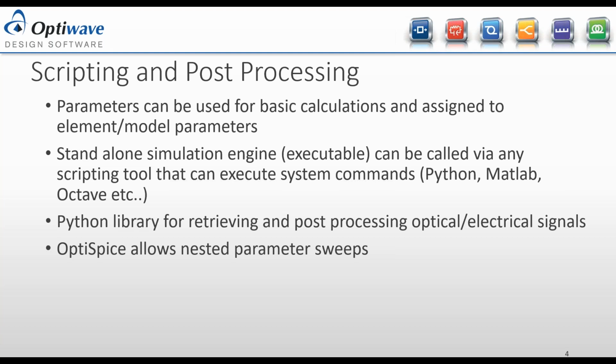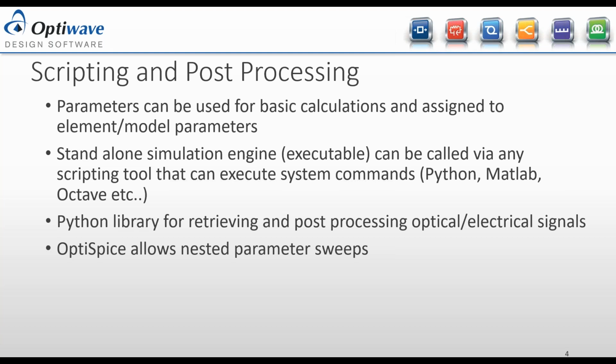So if you know how to create a netlist, you don't necessarily need to use our interface. This helps us interface between different scripting tools. Any scripting tool that can execute a system command can be used with SPICE.